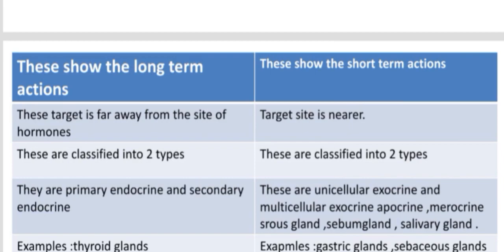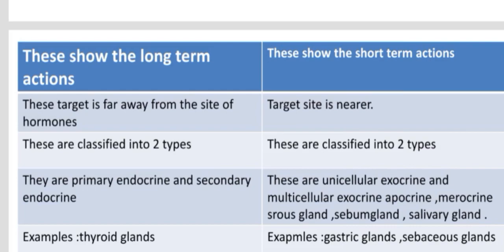The target is far away from the site of hormone production. Remember, the action is delayed in endocrine glands because the target is far away from the production of the hormone, whereas in exocrine glands the target is nearer to the site of production. That's why the action is faster in exocrine glands, and they show short time action.